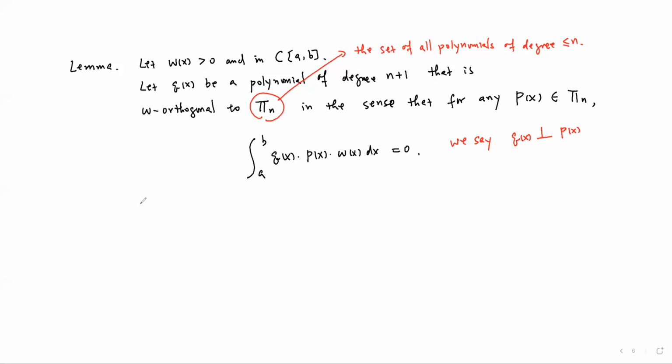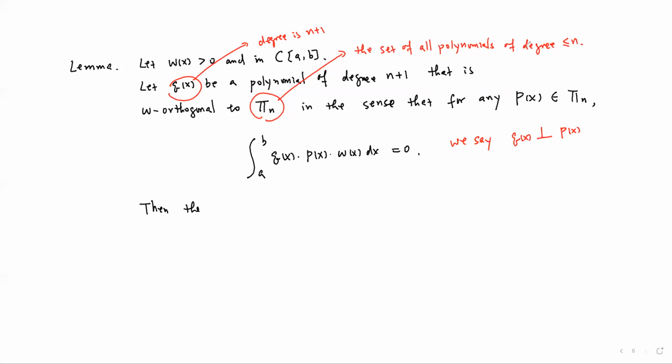Now the conclusion. Then Q, this degree n plus 1 polynomial. How many roots does a polynomial of degree n plus 1 have? n plus 1 roots.